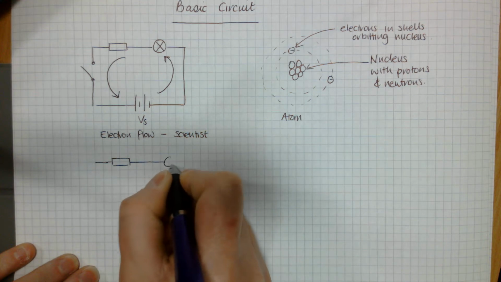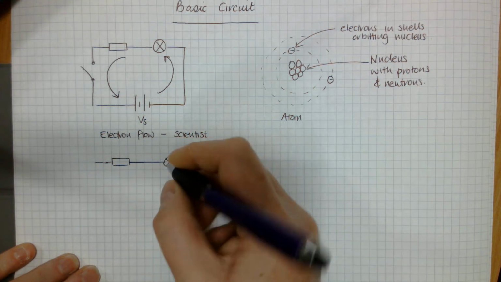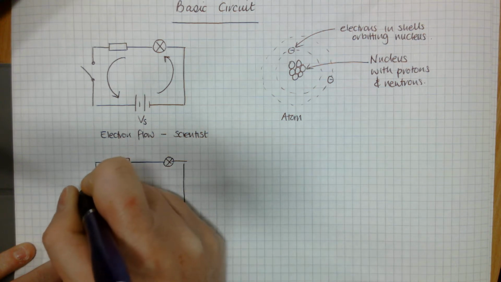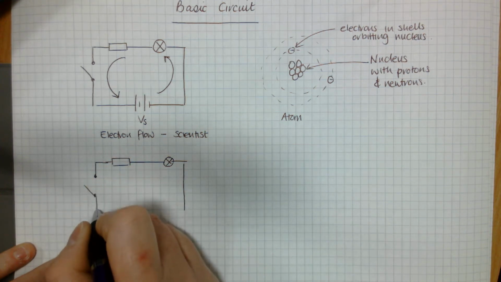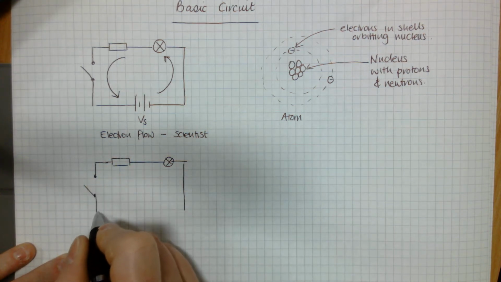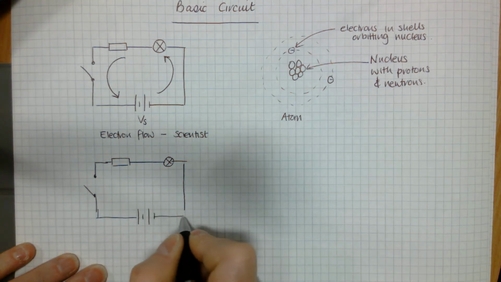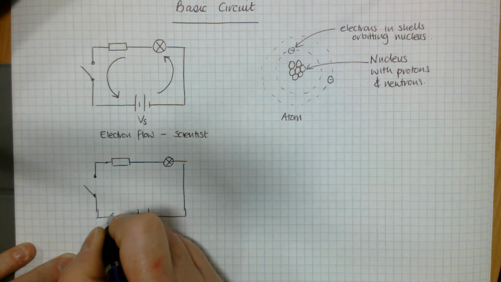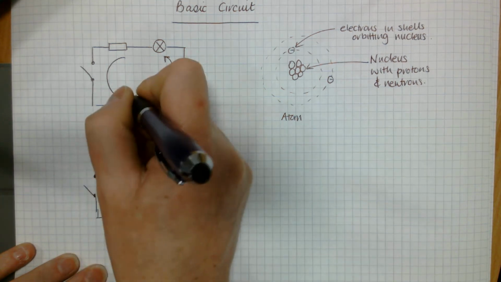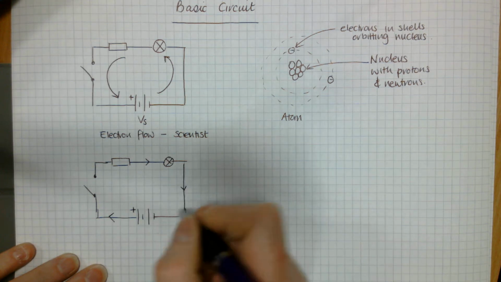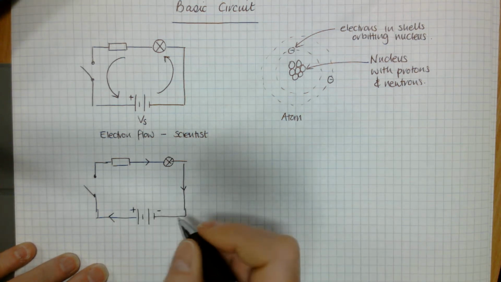So we would probably have the same circuit, but we would draw our current going from positive, that's the positive side of the battery, round to the negative side of the battery.